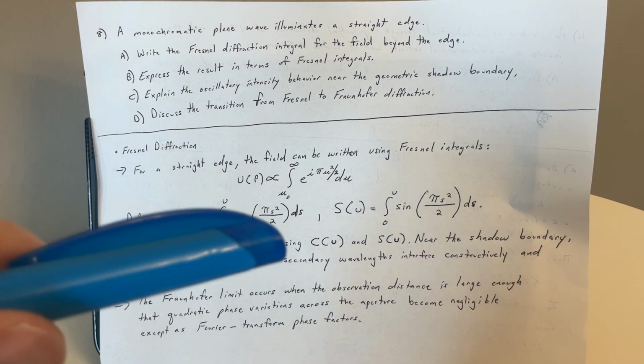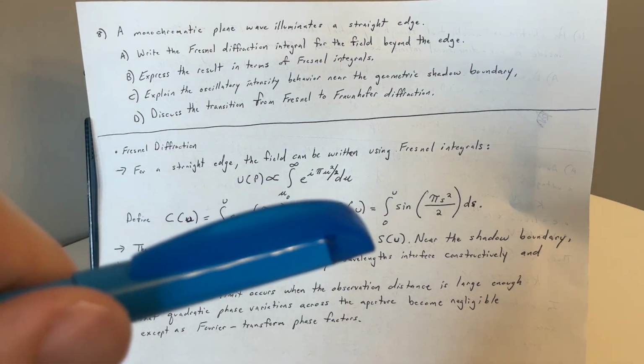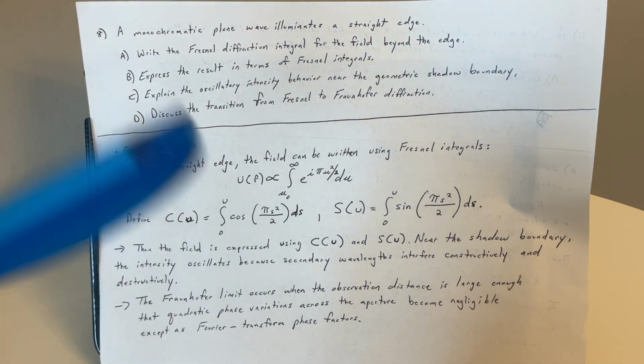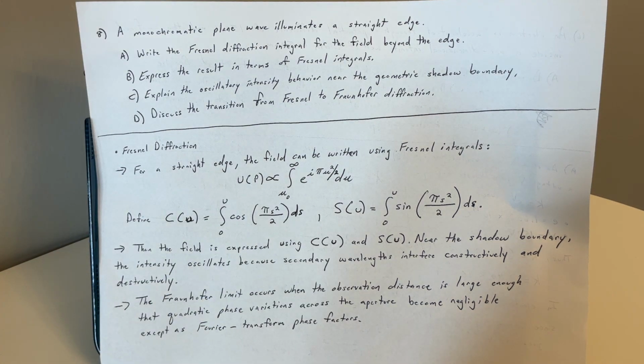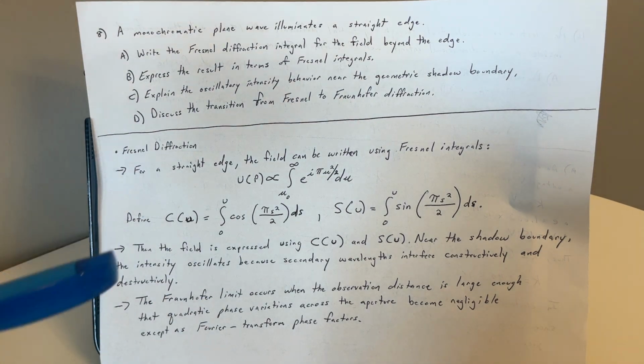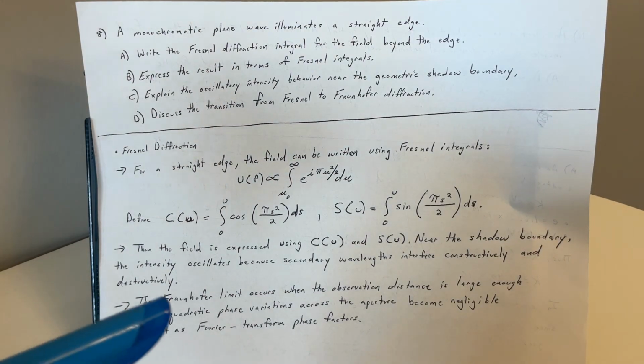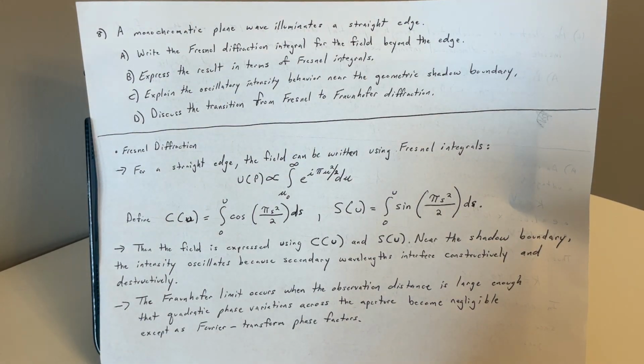Then the field is expressed using C of u, S of u. Near the shadow boundary, the intensity oscillates because secondary wavelets interfere constructively and destructively. The Fraunhofer limit occurs when the observation distance is large enough that quadratic phase variations across the aperture become negligible except as Fourier transform phase factors.